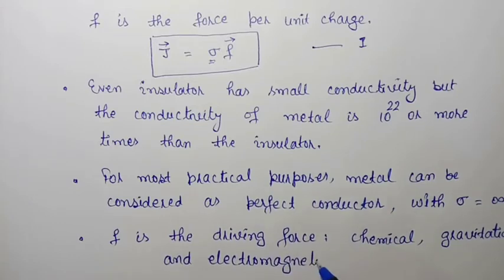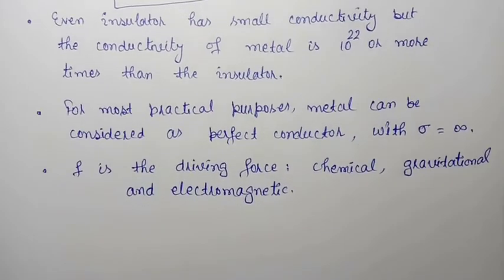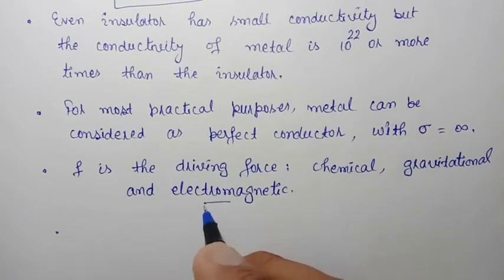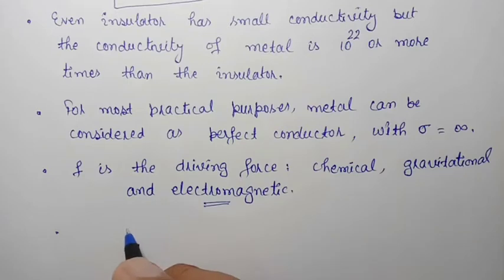Okay, so here in case of electromagnetic force, this volume current density is equal to sigma times the force.